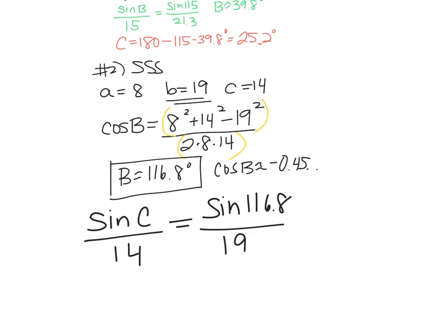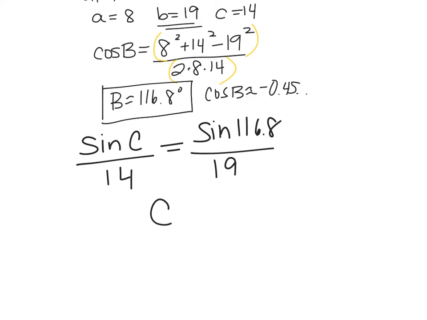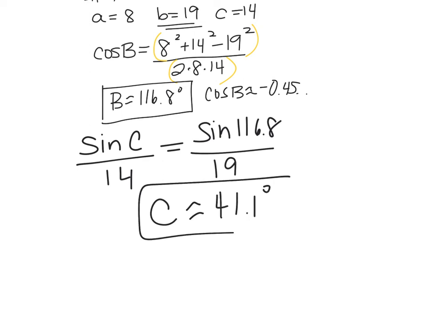So I'm going to go 14 times the sine of my answer. You keep using that answer button. Divided by 19, and I get 0.657. And then don't forget to take the sine inverse. This one's sine this time because it's law of sines. Sine inverse of my answer gives me about 41.1 degrees.